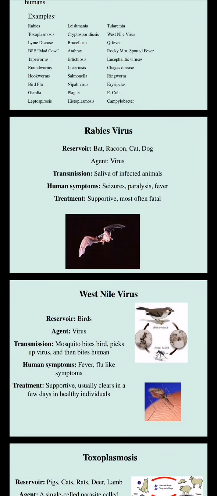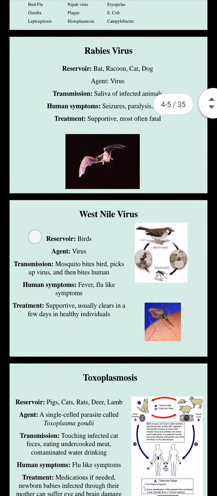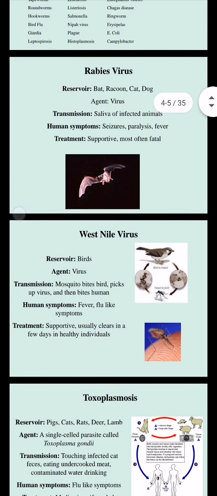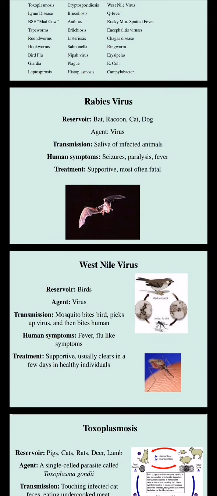Now we describe the first of the diseases, which is rabies virus. The reservoir of rabies virus is bat, raccoon, cat, dog. These are the reservoir or the source of the rabies virus, and the agent which causes the disease is a virus.